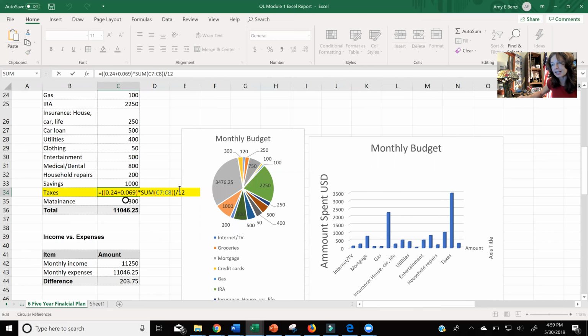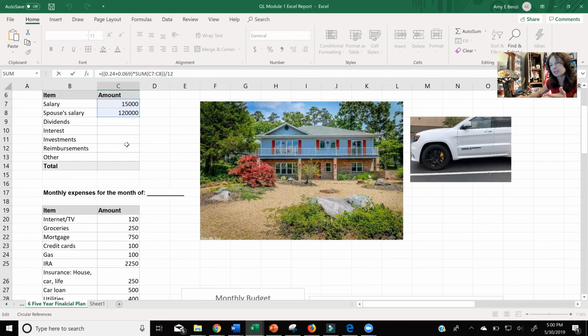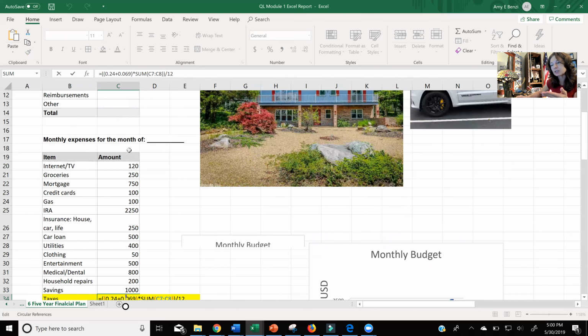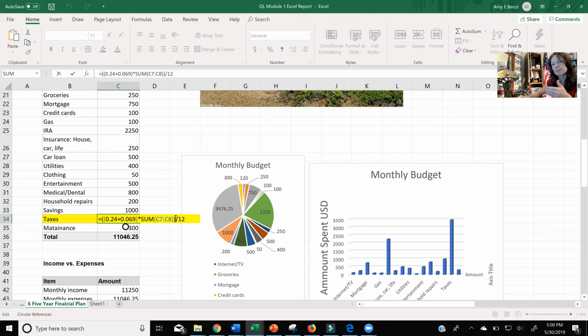And then I divided that number by 12 because we're going to pay that percent of our total income each month, and I'm doing a monthly budget. So even though these are our annual salaries, that's why I divided this by 12 to get the monthly average. Now, where did I get those percentages for the taxes?